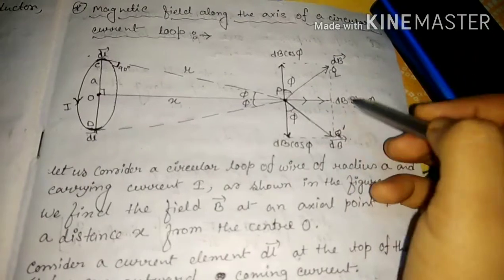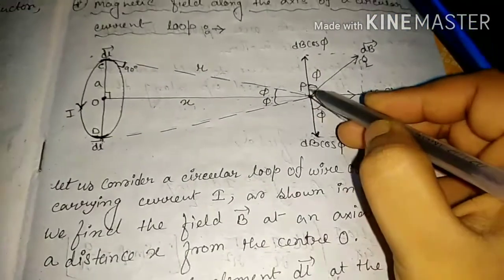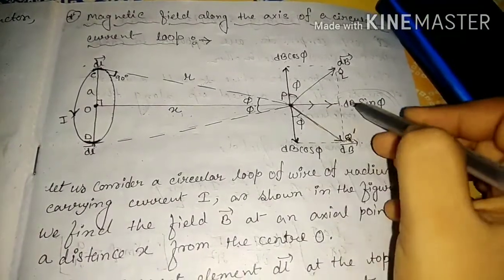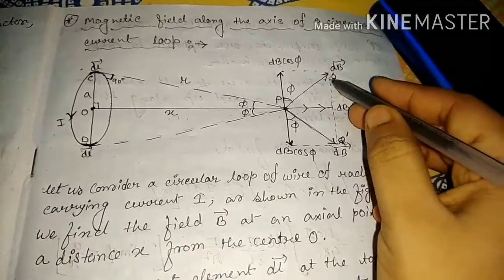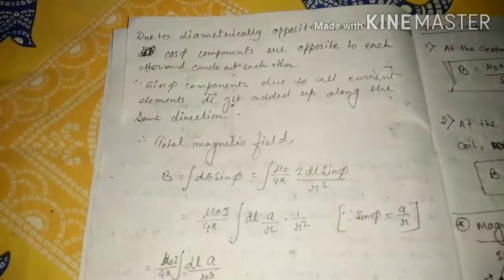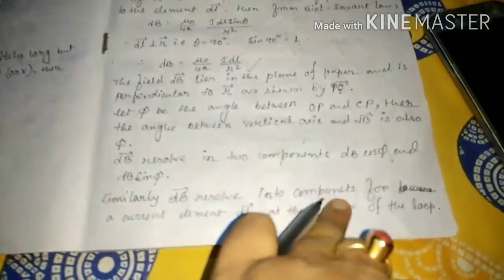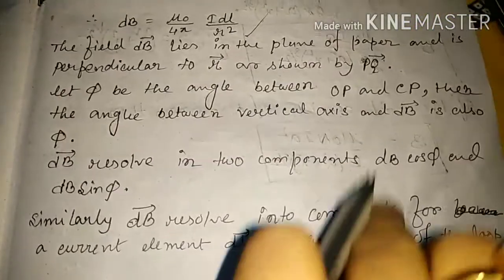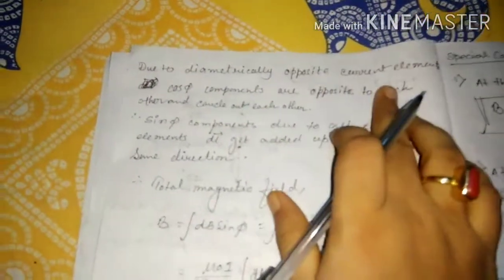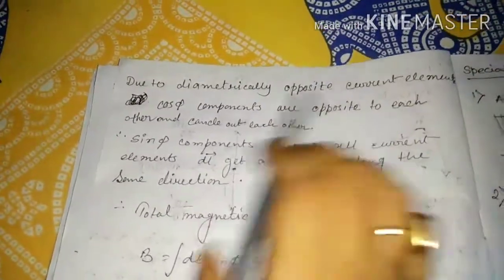So whatever magnetic field we get at the axial point P will be due to dB sin phi. This dB sin phi for both components of dB will be added up. So we can write the total magnetic field B. Everything is written over there: dB resolves into components dB cos phi and dB sin phi; at the bottom it is the same, and the cos phi components are opposite to each other and cancel out.